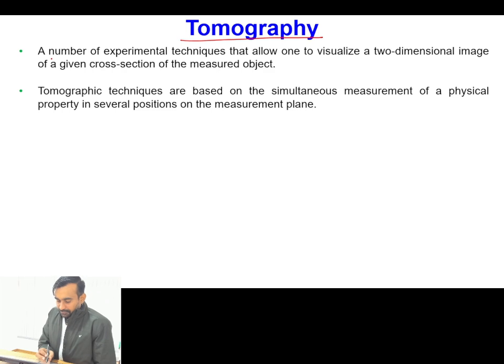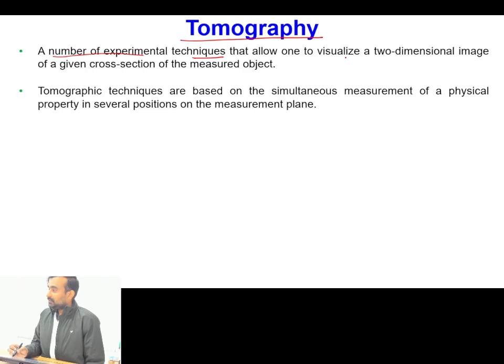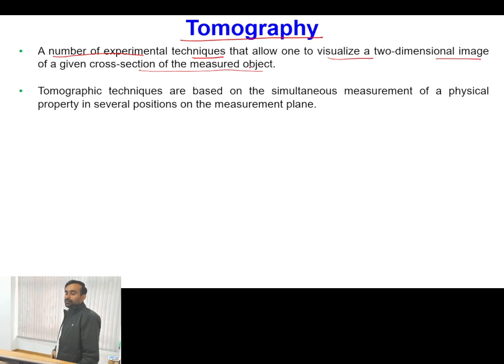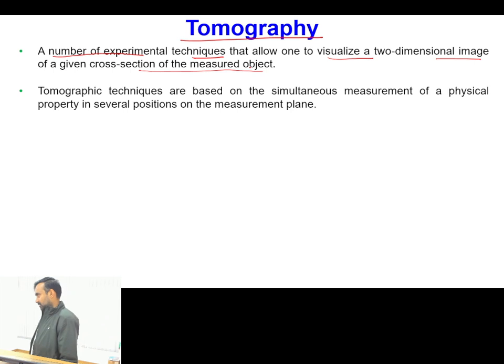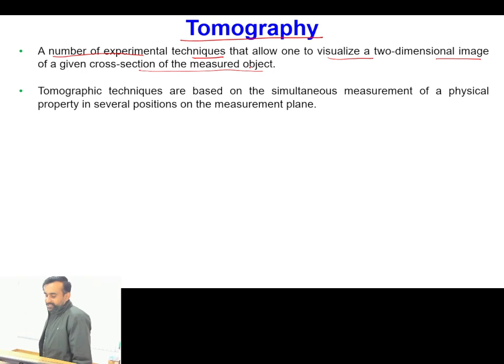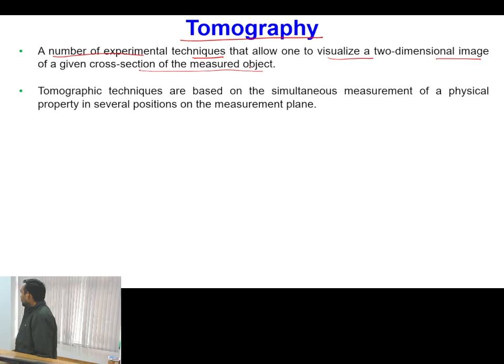So it is a number of experimental techniques which allow us to visualize a two-dimensional image of a given cross-section of the measured object. Tomography is a very generic term which just gives the idea that if you can visualize the 2D image of a cross-section, then whatever data you get from that 2D image is nothing but a tomograph.